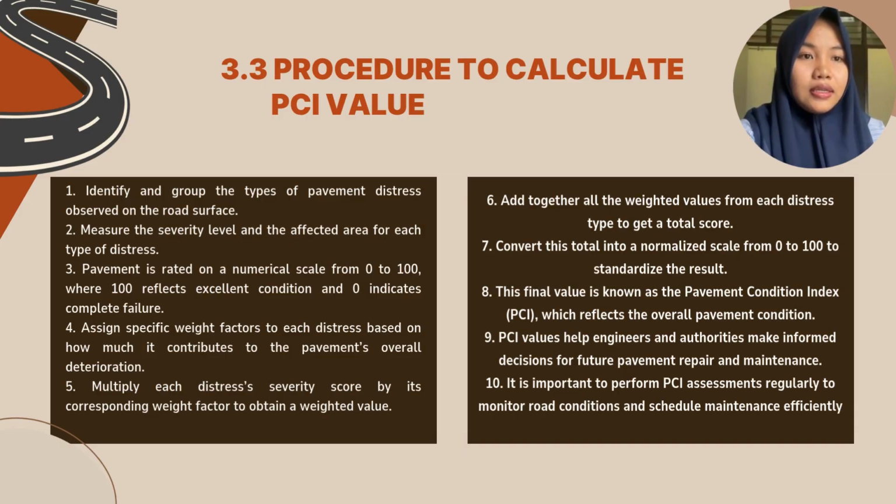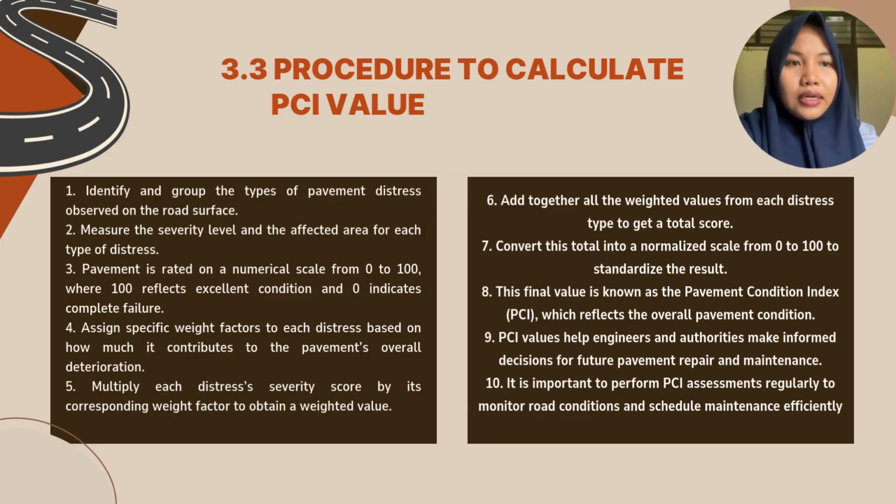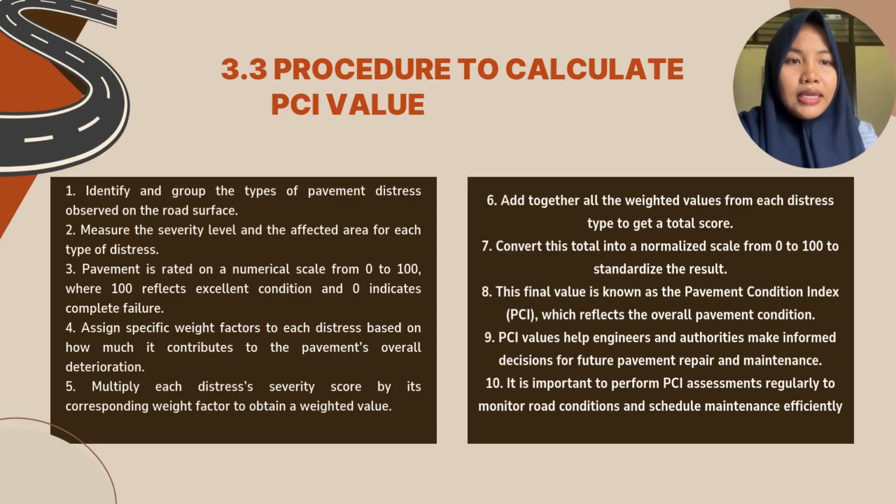There are 10 steps. 1. Identify and group the types of pavement distress observed on the road surface. 2. Measure the severity level in the affected area for each type of distress. 3. Pavement is rated on a numerical scale from 0 to 100, where 100 reflects excellent condition and 0 indicates complete failure. 4.